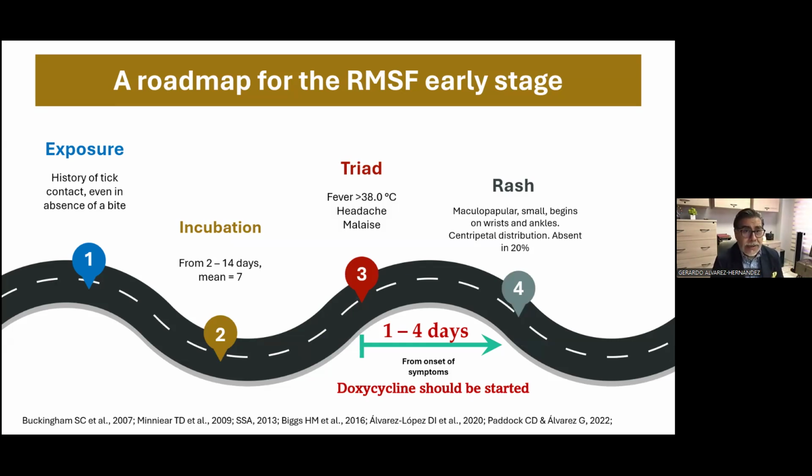The first, the early stage, as I said, goes from the beginning up to the 4th day of clinical progress, 1 to 4 days after exposure to an infected tick. This phase is clinically, of course, non-specific and resembles many infectious diseases. Therefore, in this stage, empirical suspicion and timely prescription of doxycycline are essential to prevent disease progression.